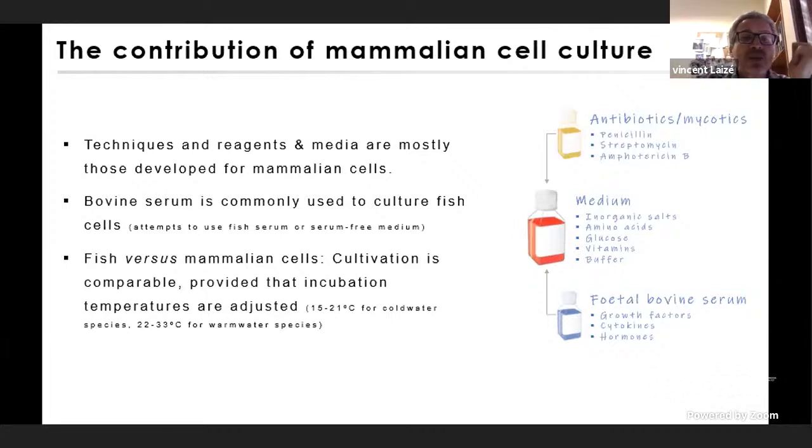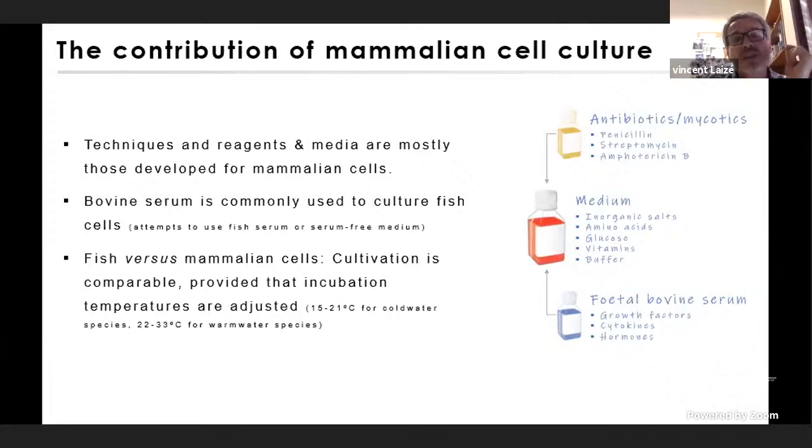So we can say that the cultivation of fish cells and mammalian cells is basically the same. We use the same methods, the same reagents, the same media. There is one thing that has to be adjusted, which is the temperature of incubation of the cells. You all know that mammalian cells grow at 37 degrees, and there is not much latitude; you cannot really decrease or increase by a few degrees.